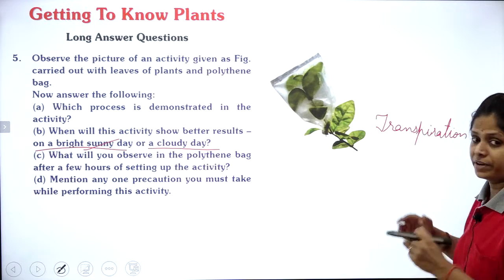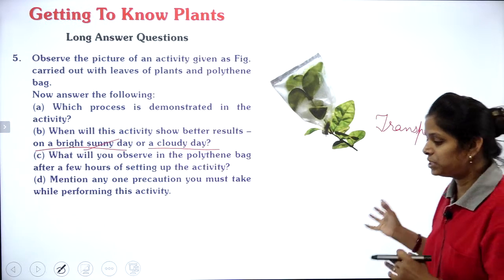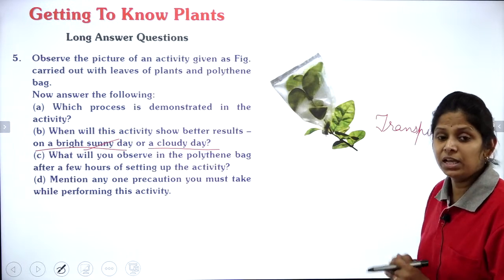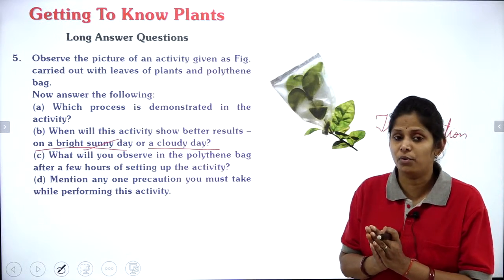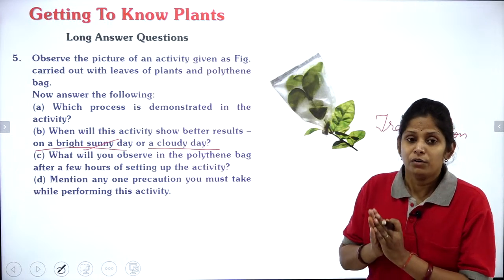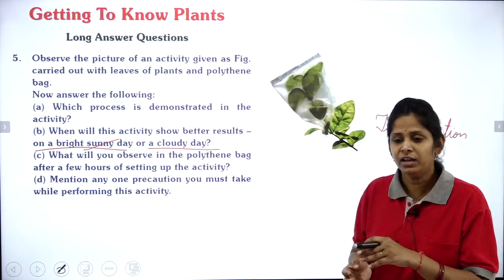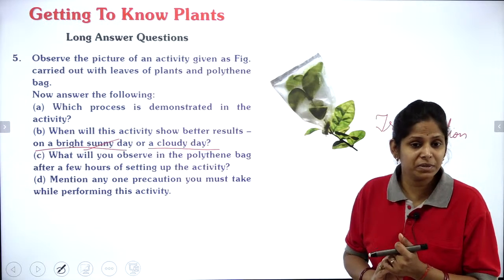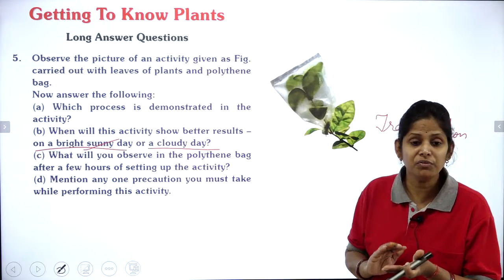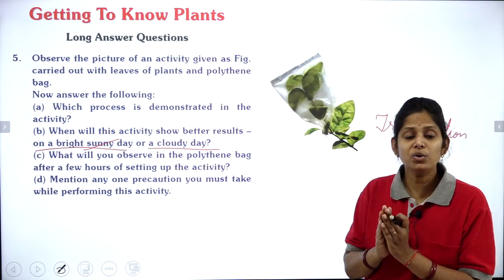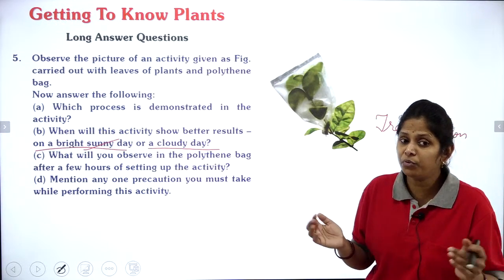At first, what is transpiration? Transpiration means loss of water in the form of water vapor from the leaf part. And here, stomata, tiny pores, are present at the lower surface of leaves, and through these stomata there is loss of water in the form of water vapor.